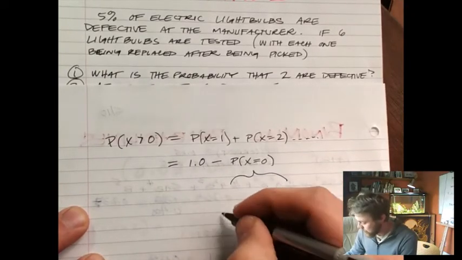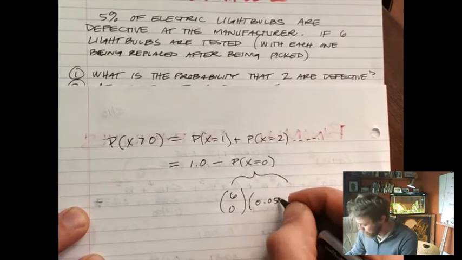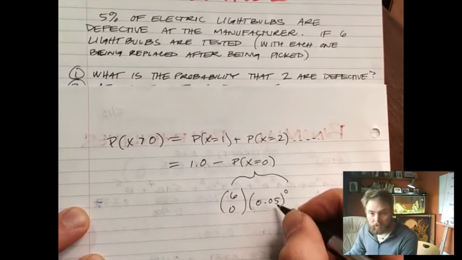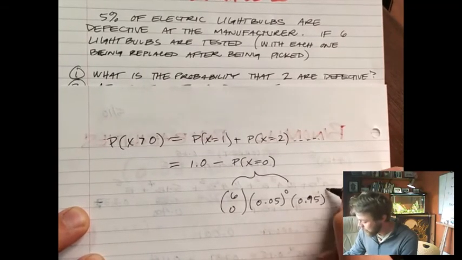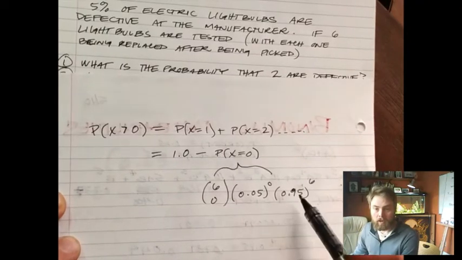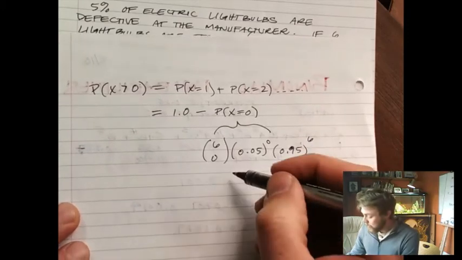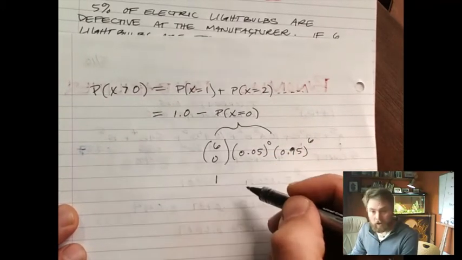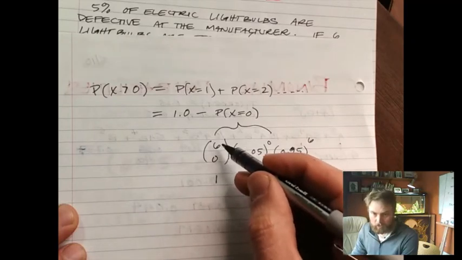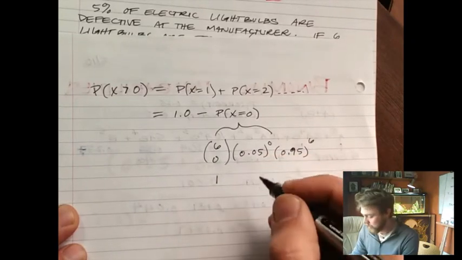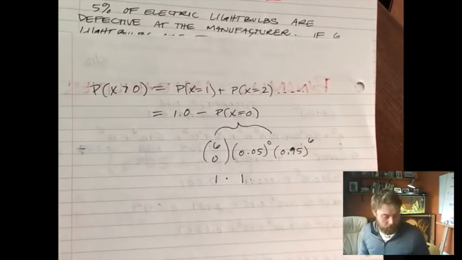And this is 6 choose 0, none of them are defective, and all of them are not defective. So I've got my numbers in there right. Okay, so this is 6 choose 0. That's going to be 1. It's the first number in the row in Pascal's triangle that's got the 6 with it. Times this, it's 1, and then let's calculate that.